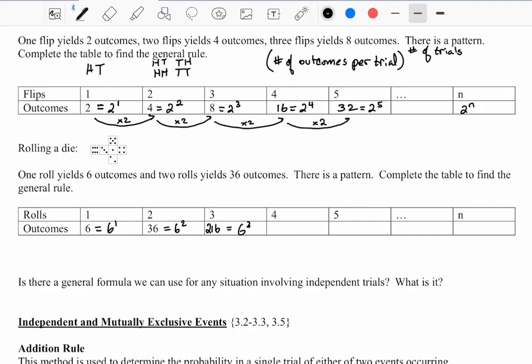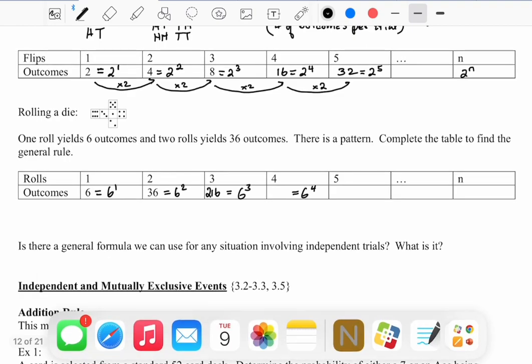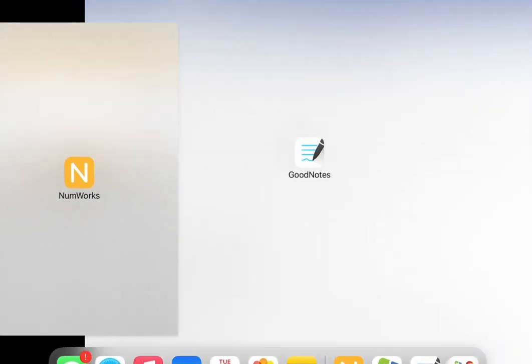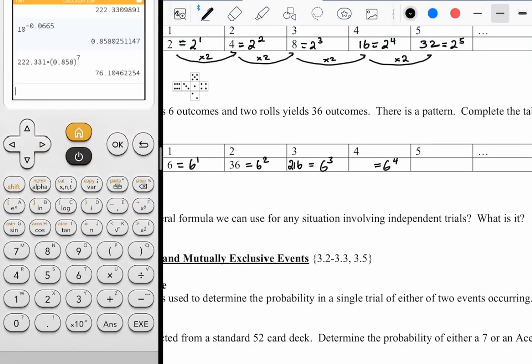6 to the, I put a 3 there, but it looks an awful lot like a 2, so let me fix that. 6 to the fourth power, which might be 1296. I don't know. Crunch the numbers. So 6 raised to the fourth power.